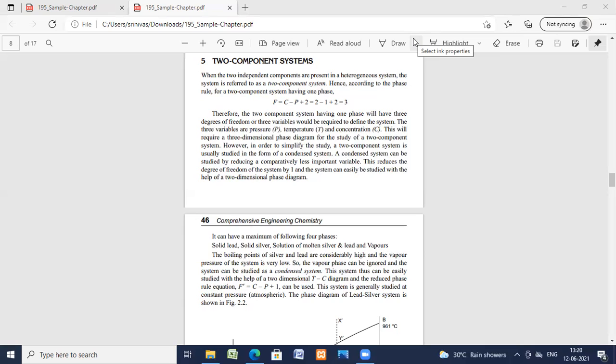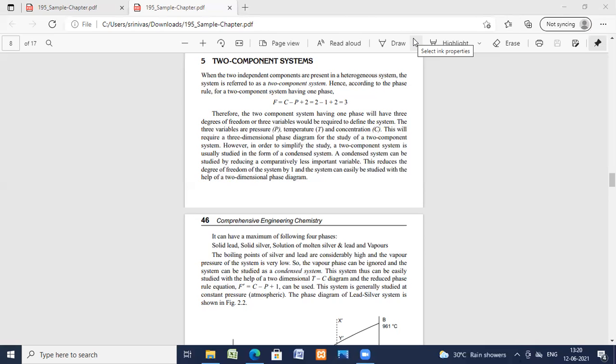Calcium oxide is CaO plus 0 CO2. Carbon dioxide is CO2 plus 0 CaO. So C is 2.